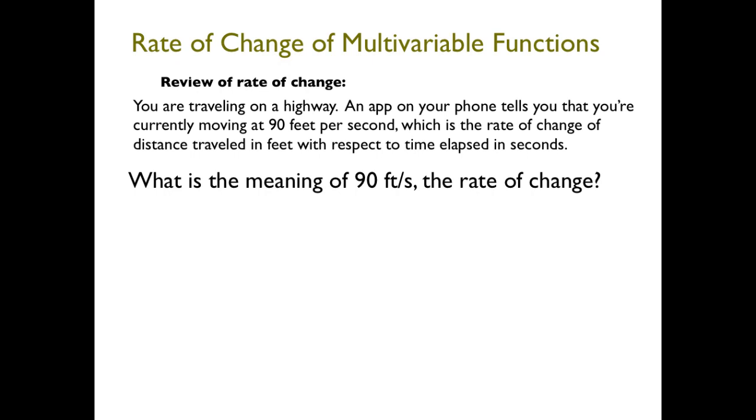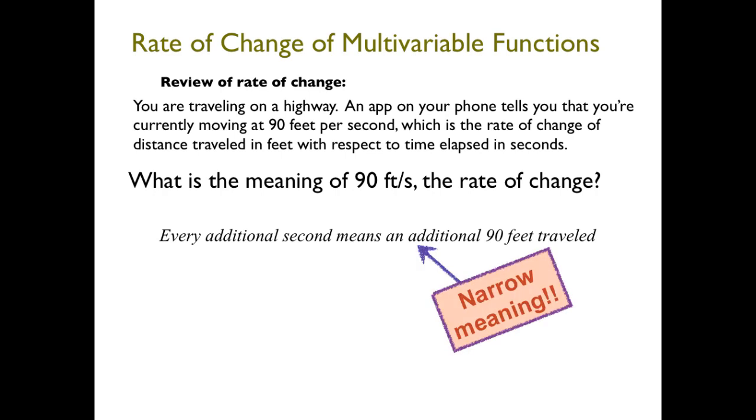Harris? So every second, you go 90 more feet. Is that right? Everyone who's not had me before is nodding, and those who have had me before know that there's a different answer, or a better answer. What's the more broad answer? This is a very narrow meaning of 90 feet per second.